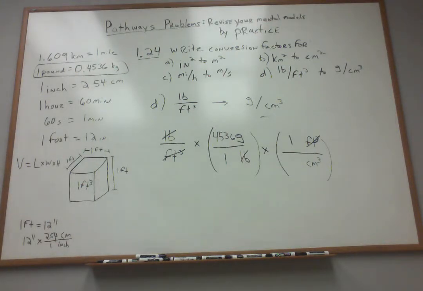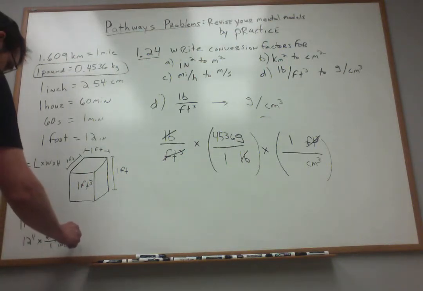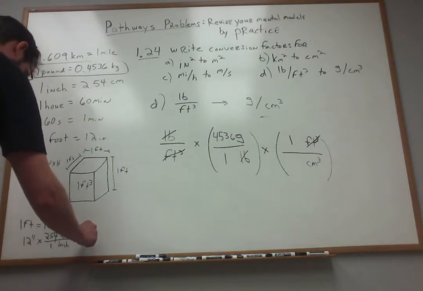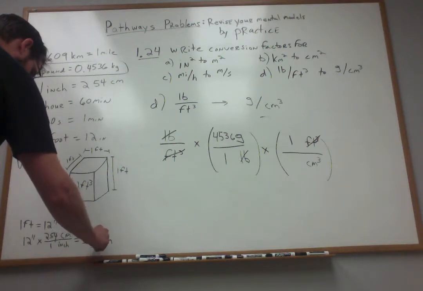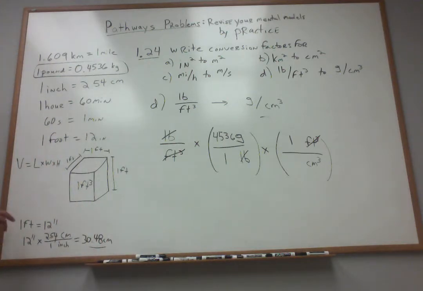In addition, 1 inch is 2.54 centimeters. So if I have 12 inches in a foot, that corresponds to 30.48 centimeters. So 1 foot is physically equivalent to 30.48 centimeters.